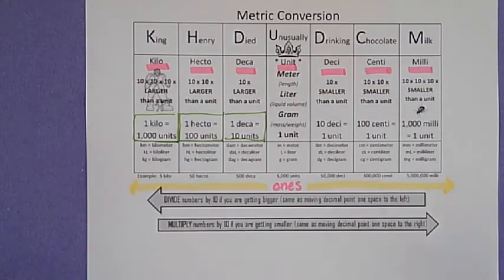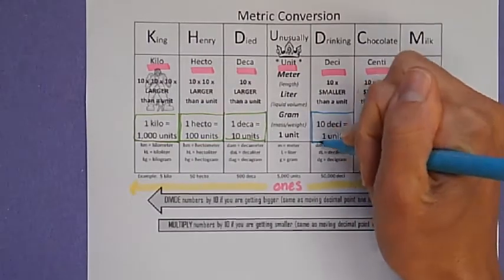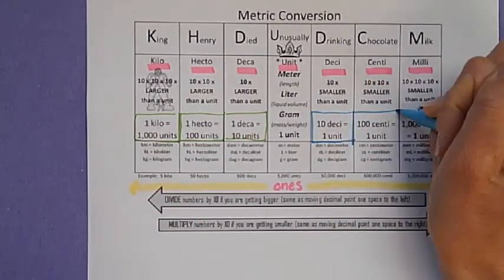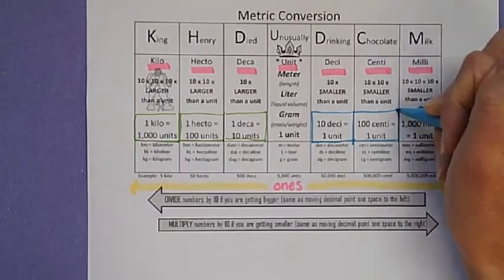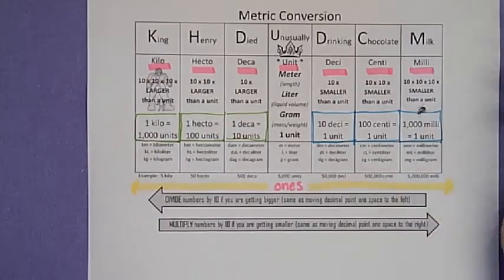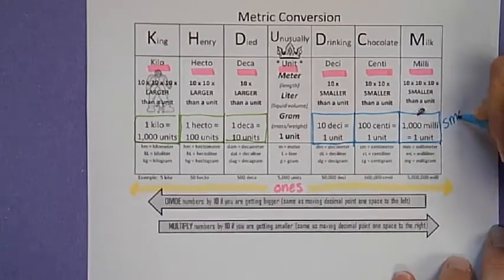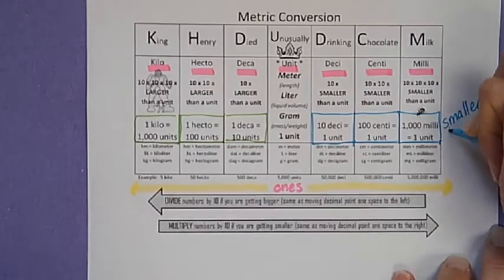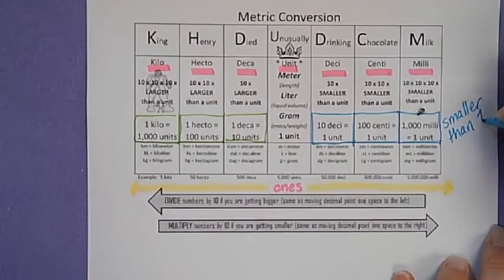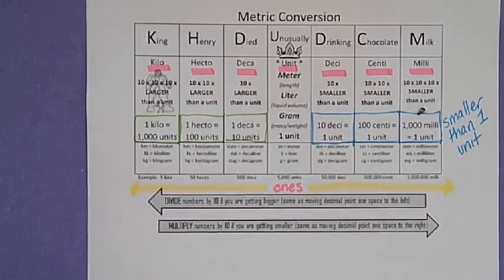If we go the opposite way on the chart, we see over here we have deci, centi, and milli. And this is the opposite because these are smaller than 1 unit. Just like our decimal side of the place value chart is smaller than 1 whole.